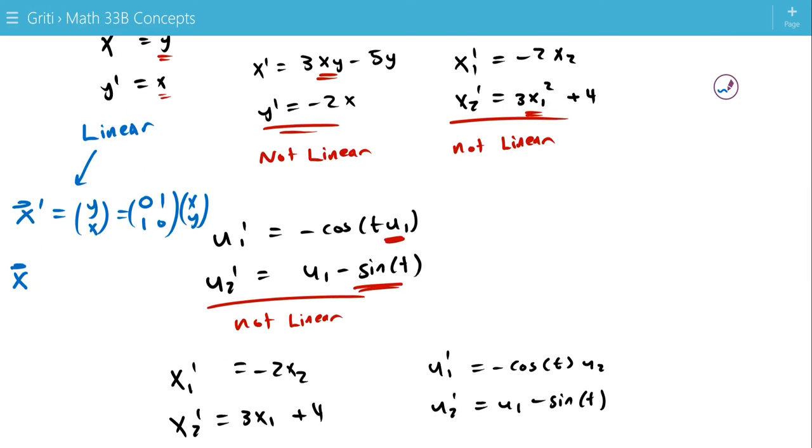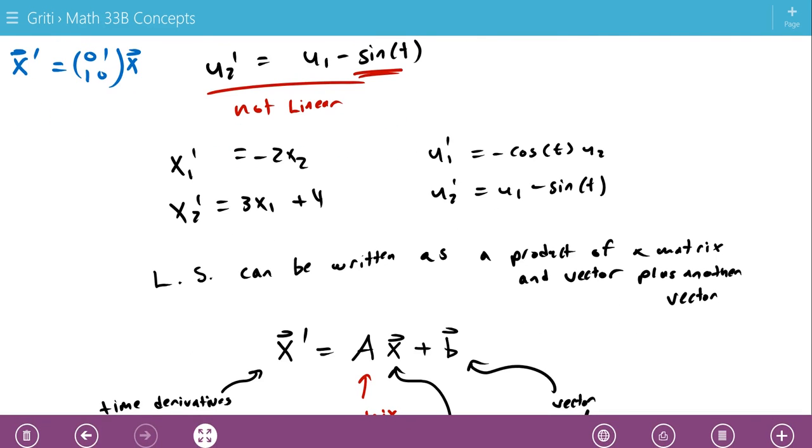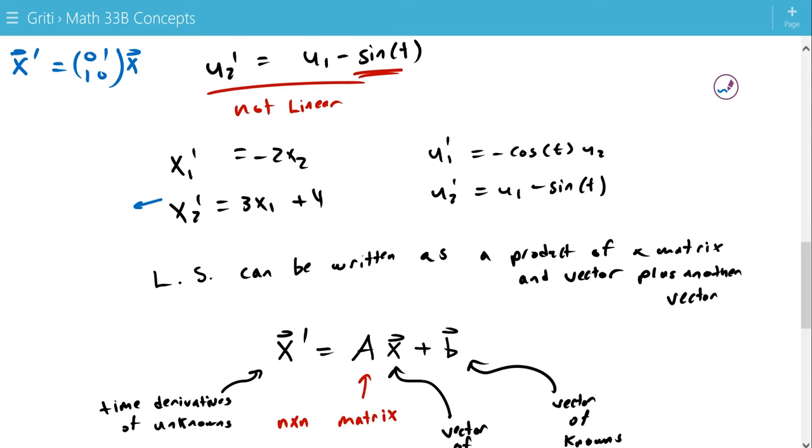So simplifying this, we get x arrow prime equals the matrix 0, 1, 1, 0 times x arrow. For other examples, this one we can write as x prime equals the matrix 0, negative 2, 3, 0 times x plus the vector 0, 4.